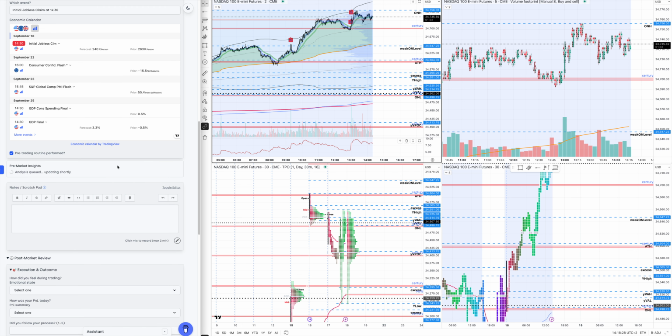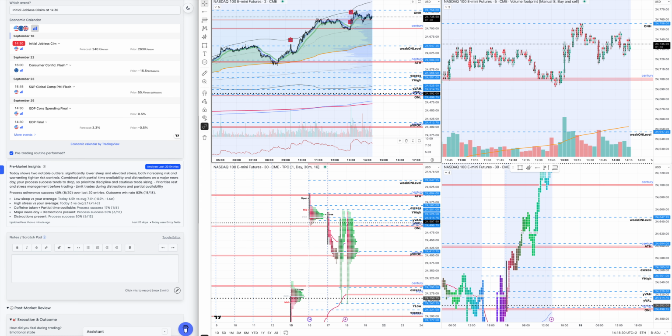Let's analyze. In the meantime, I'm taking the screenshot of the whole picture here. Today shows 2 notable outliers, lower sleep. Very important. This is my data, so based on my data these days, I need to be more careful, right?